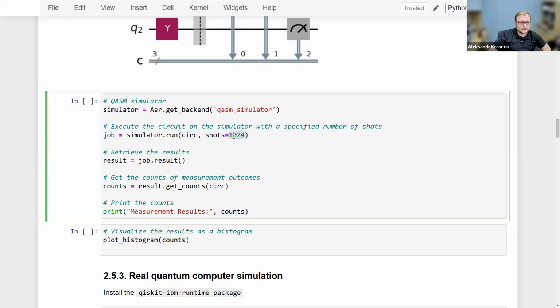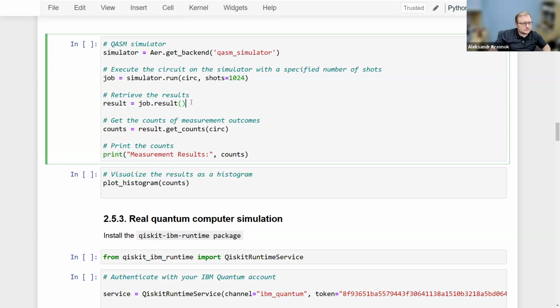The number of experiments you conduct, you measure the result of your simulation. Okay, then you need to retrieve the result with the name of your job, right? It's just job dot and this method dot result. So this is the result.